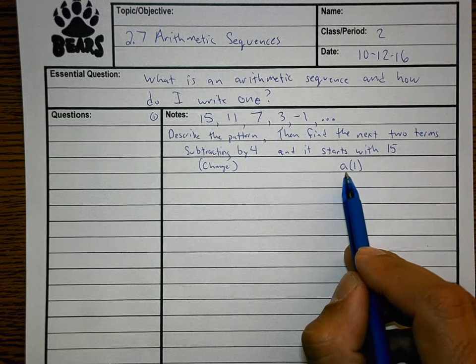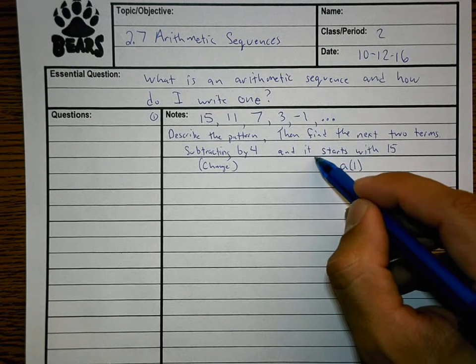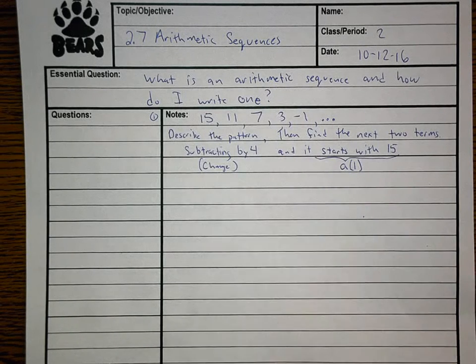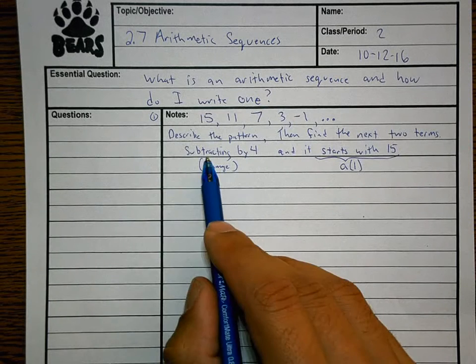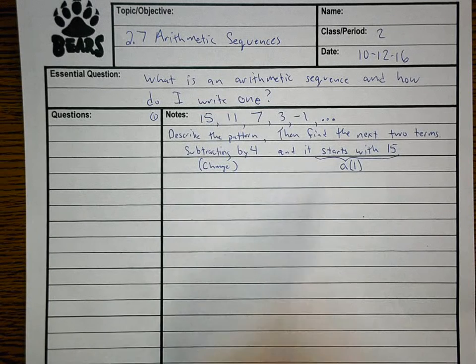I'm going to write down A1 underneath what it starts with. We're going to use those two things to describe the pattern. It's subtracting by 4, and it starts with number 15. That way we can figure out all the numbers from these two things.